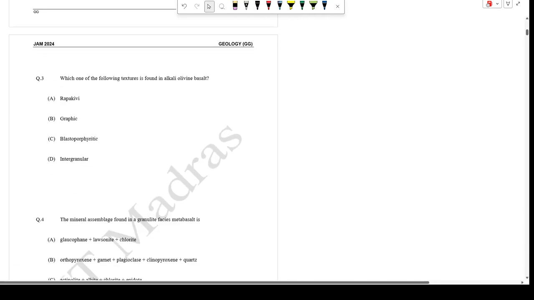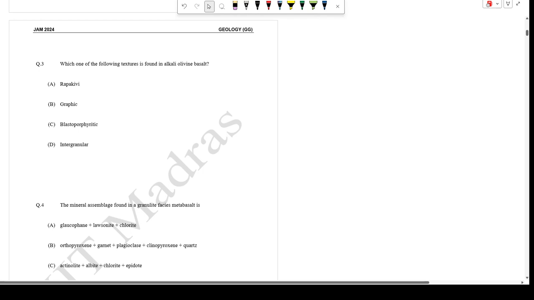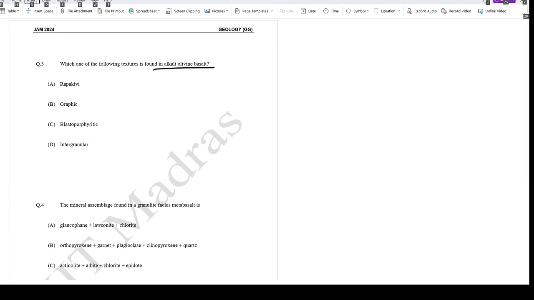Next we move forward to question number 3: which of the following textures is found in the alkali olivine basalt? In geology, the texture of an igneous rock refers to the size, shape, and arrangement of the minerals.